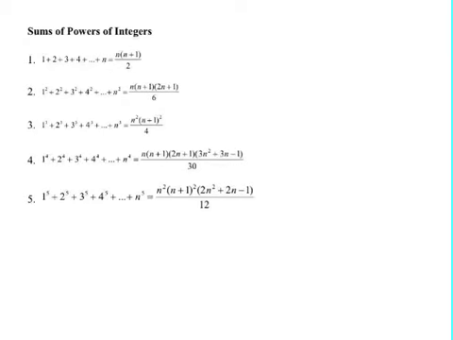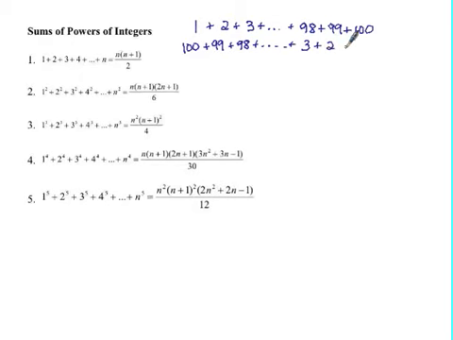But you remember I told you about Euler, and that Euler had played around with numbers, and he added 1 plus 2 plus 3 up to 98, 99, and 100. And then he rearranged the numbers in a backwards fashion and added them together.